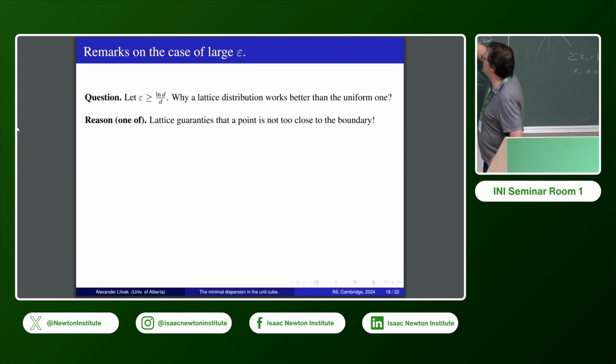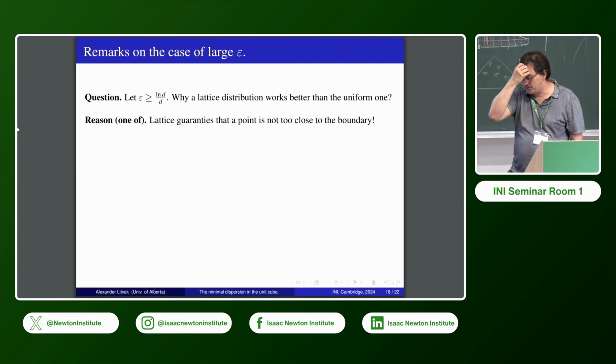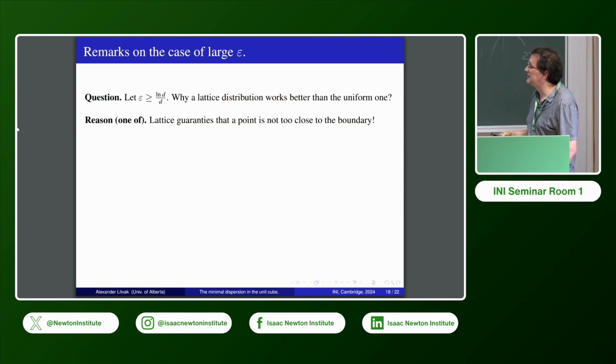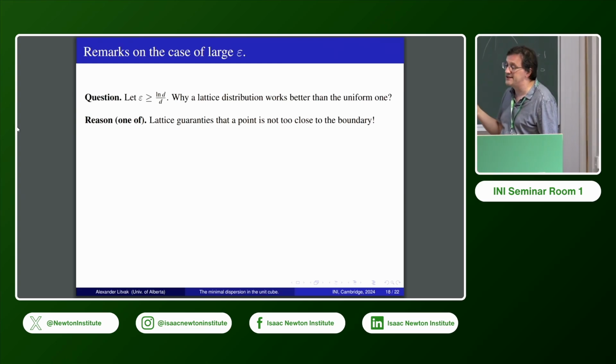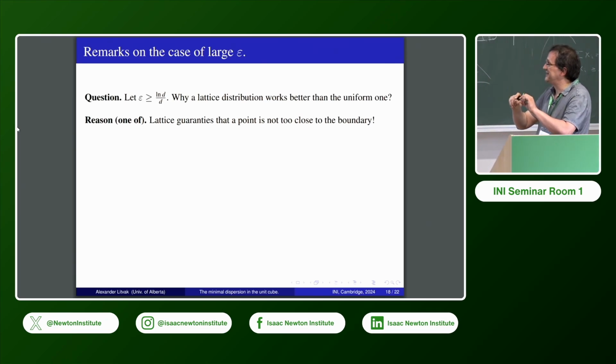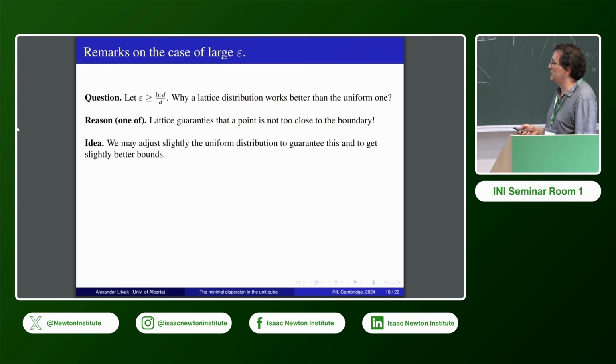And at least in my opinion, the only difference was that whenever you use a lattice, of course, you don't take points on the boundary. You consider the lattice inside. So the only difference, at least from my intuition, was that the lattice guarantees that you don't have points on the boundary. Well, if you use Litvak measure, then there is huge concentration around the boundary. So this was the difference, but we can adjust the distribution.